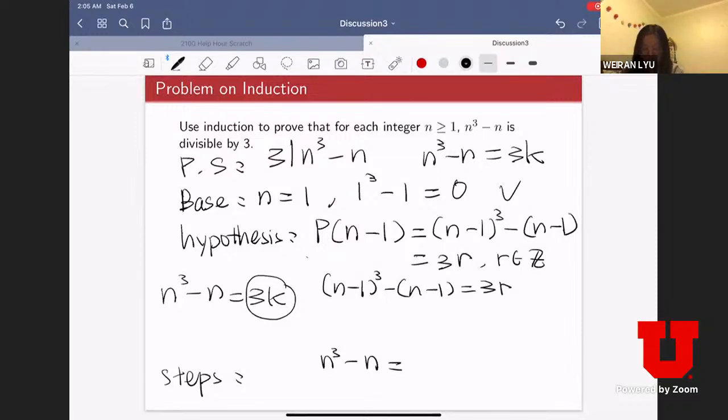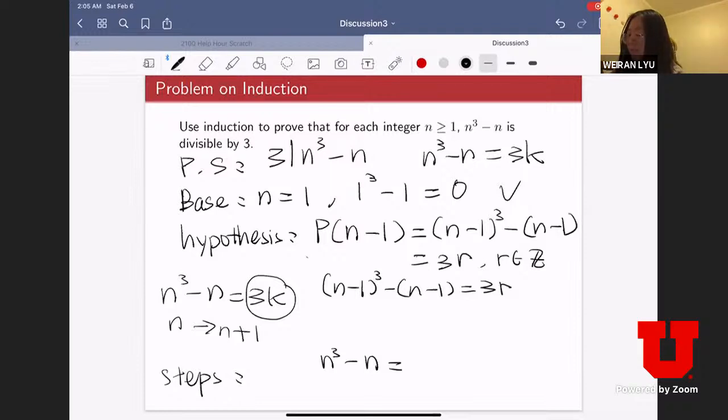So in this particular problem, it's not harder, but a little more complex to start from n minus 1 and go up to n. I think it would be easier to start from n and go to n plus 1, but it is still doable.